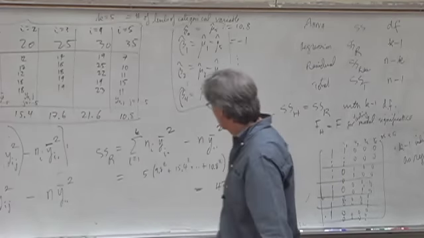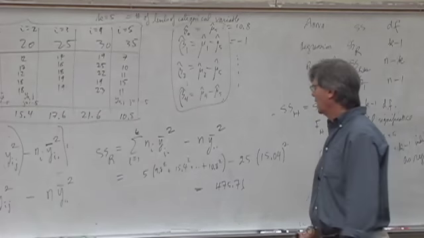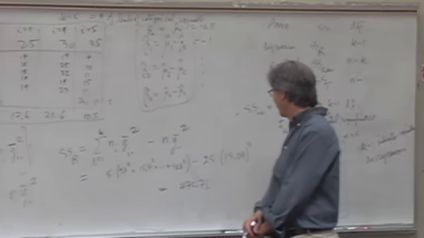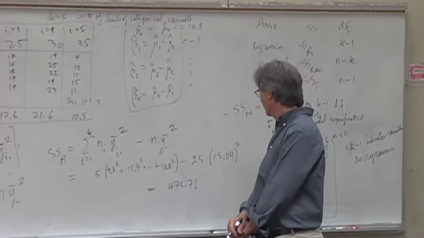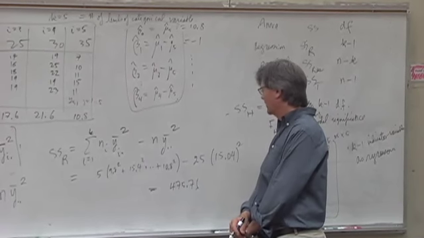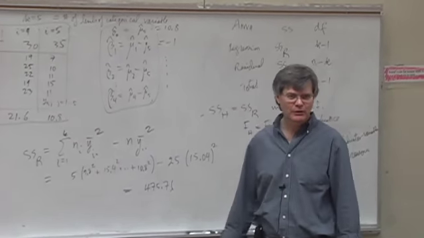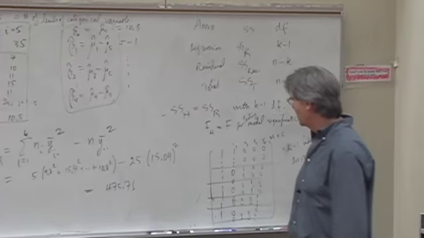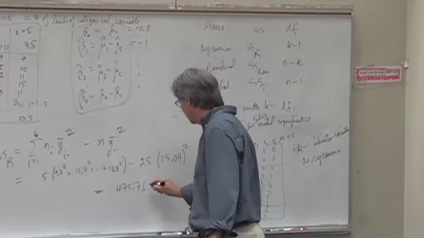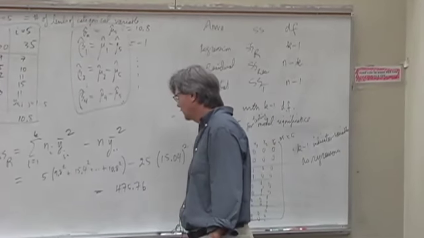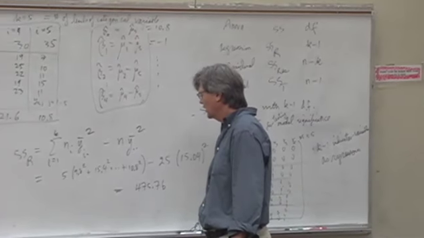We could check that pretty quickly, I guess, to see if it looks about right. 15 squared is 225 times 25. That's going to take some work. But there's another shortcut to see if I'm about right. In the balanced case anyway, I can write this out a little bit nicer quite easily.